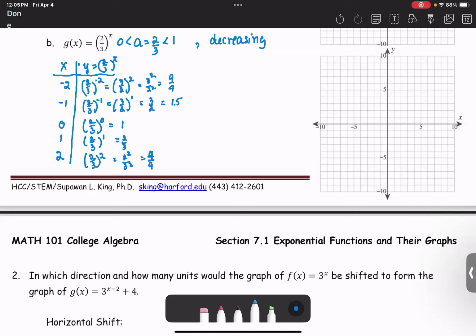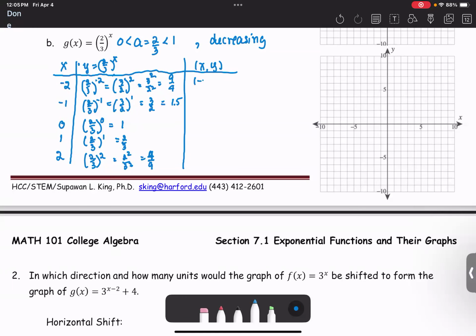And then for our convenience, we're going to change the fraction form into the decimal form. So we'll use the coordinate easier in the graphing area. So the 9 over 4 is 2.25.